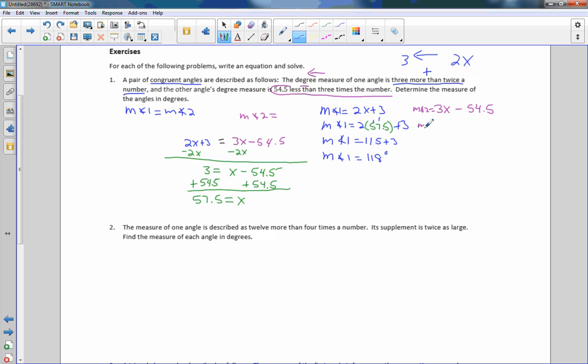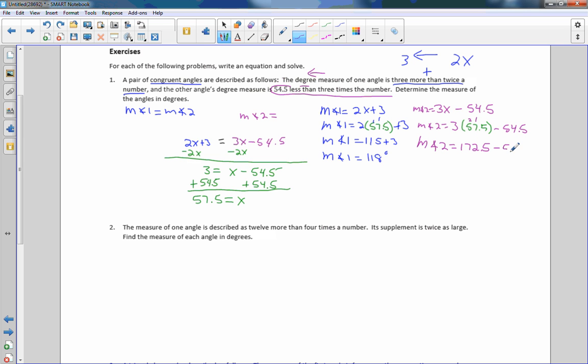So therefore the measure of angle 2 equals 3 times 57.5 minus 54.5. So the measure of angle 2 equals 3 times 5 is 15, carry the 1. 3 times 7 is 21, plus 2, plus 1 is 22. 5 times 3 is 15, plus 2 is 17. Don't forget the decimal place.